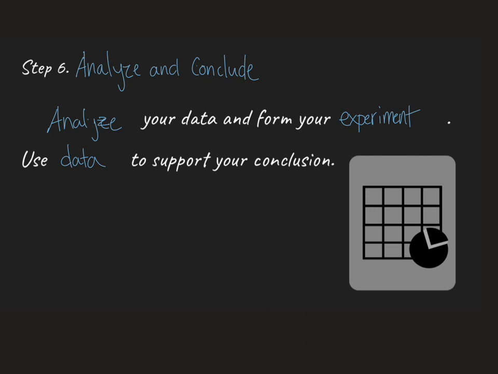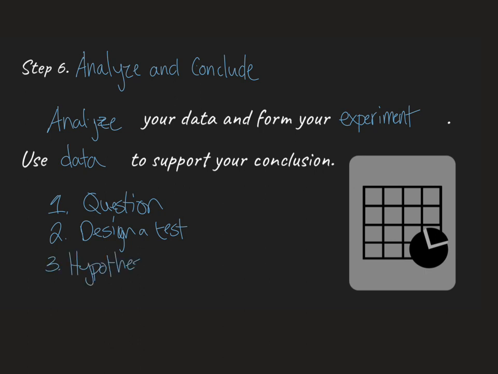So it's again just a series of steps where step 1, you ask a question about the natural world. Step 2, you design a test that would allow you to test that. Step 3, you write your hypothesis. Step 4, you actually test your experiment.